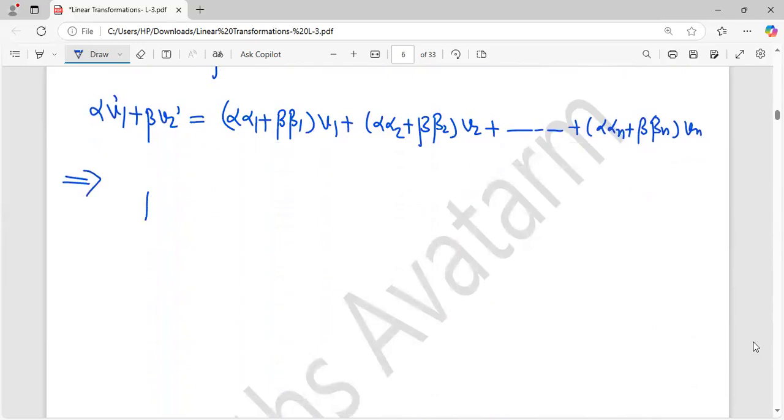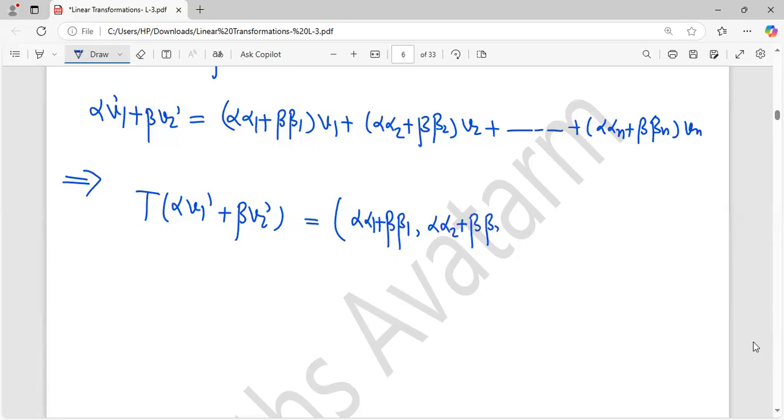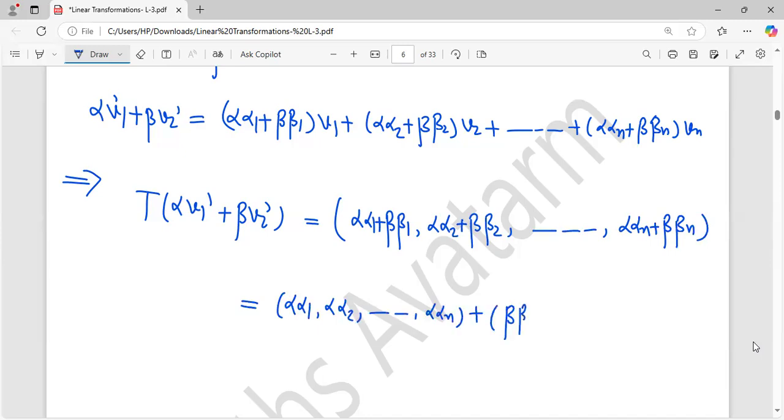So this implies T(alpha v1' + beta v2') is equal to (alpha alpha 1 + beta beta 1, alpha alpha 2 + beta beta 2, ..., alpha alpha n + beta beta n).